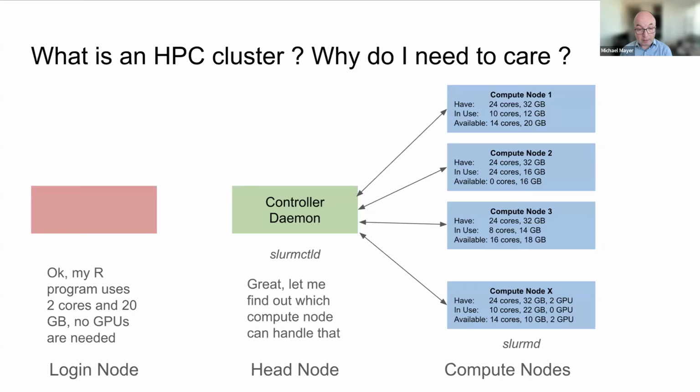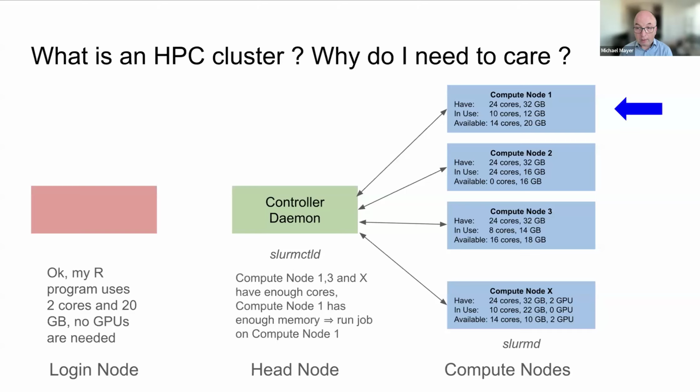So what's happening now? You will tell that to the controller daemon on the head node, and that will then say, okay, let me find out which compute node can handle that. And you can see that the only compute node that currently can run that job is compute node 1, because that is the only one that has 20 gigabytes available.